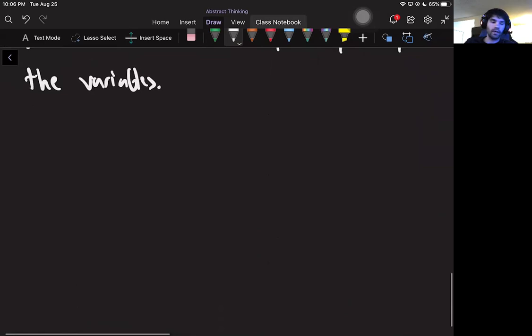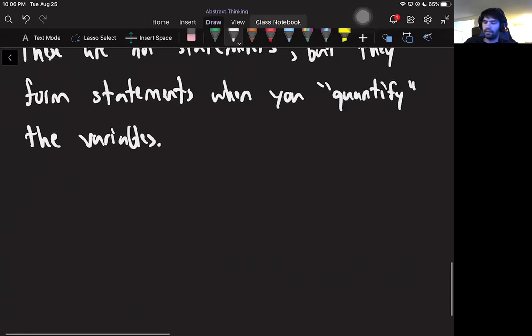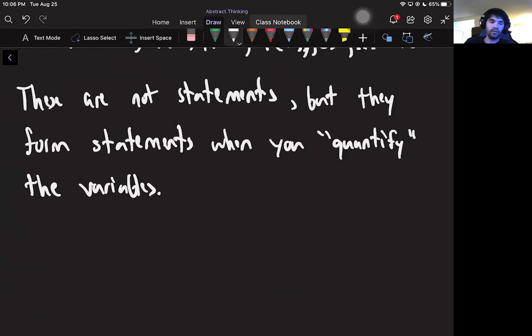You can also quantify a little bit differently. But that's what's going on. So you form statements when you quantify the variables.